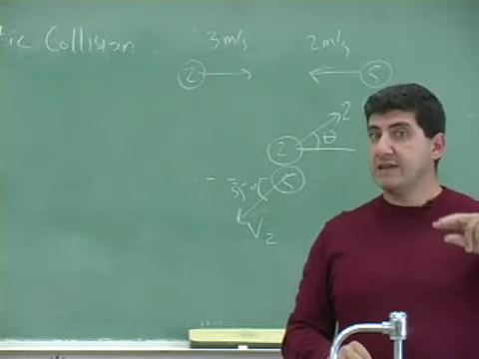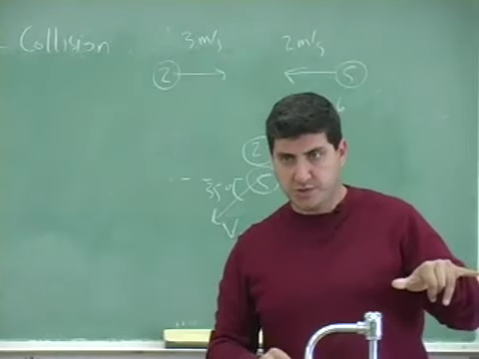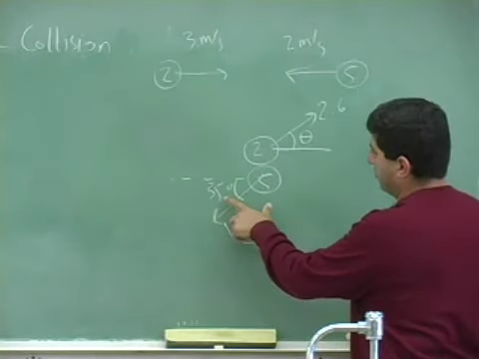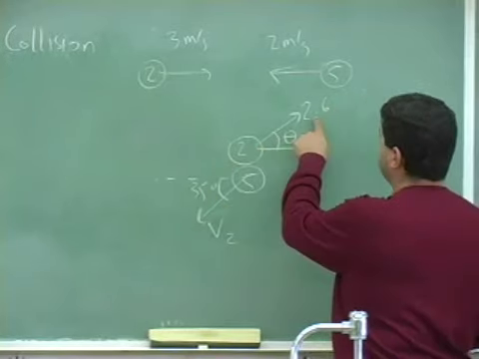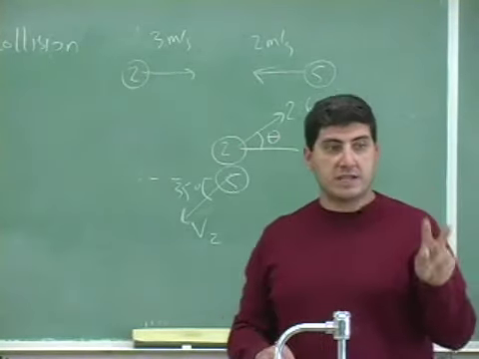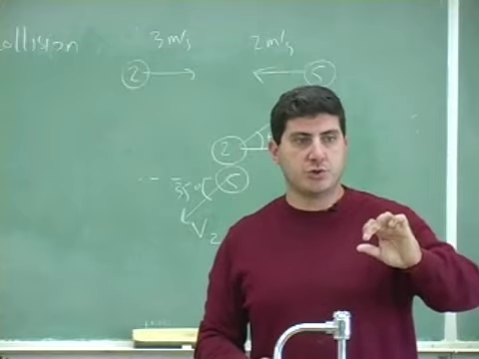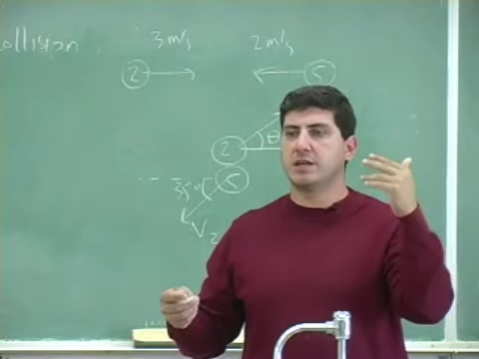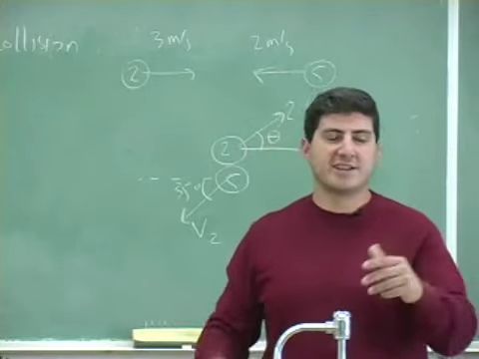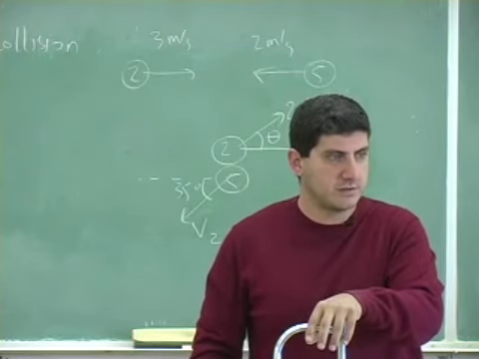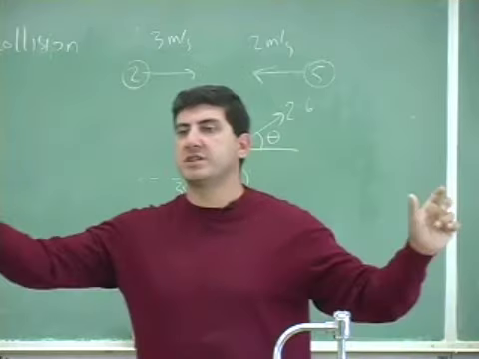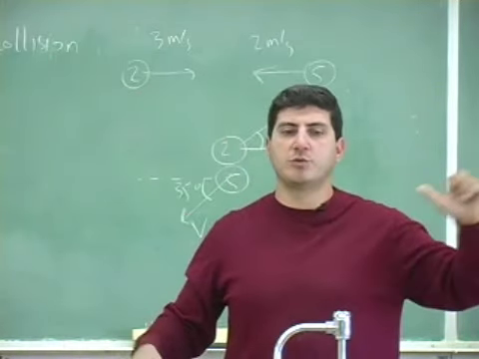Well, by giving you 2 of the unknowns, right? Notice how many unknowns I've given you. I've given you this unknown. I've said this is 35, and I've said this is 2.6. By providing 2 of the unknowns, I've now made it a semi-elastic because you no longer can set the kinetic energy to be conserved. You can only set the initial momentum in the x equal to the final momentum in the x and the initial momentum in the y equal to the final momentum in the y.